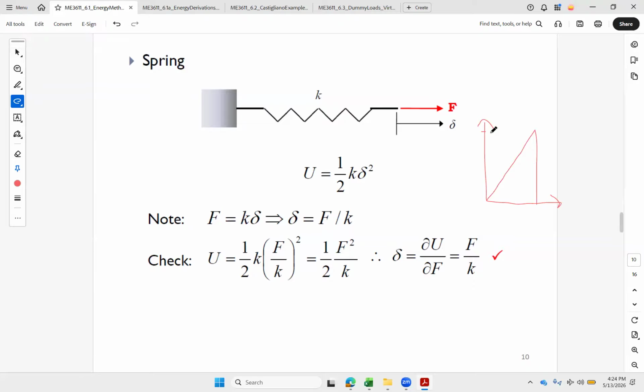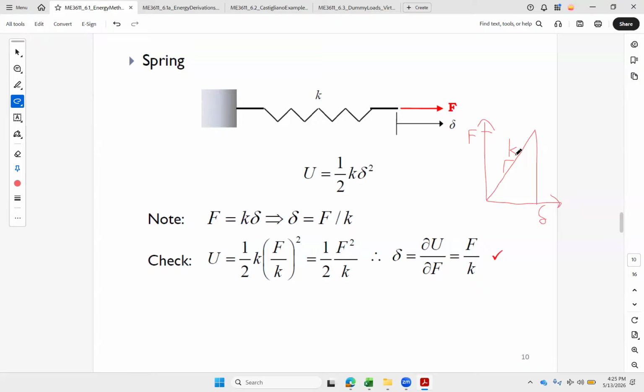This is one where I've got some applied force here. I've got some displacement delta, and my slope along here is K. Right? So without a whole lot of work, I already know that the relationship between F and delta is F over K equals delta, or F equals K times delta. But let's make sure that this checks out for the energy method.